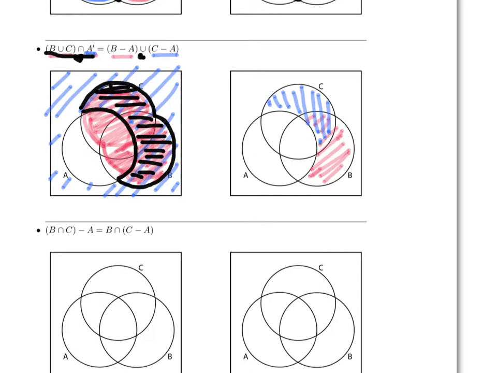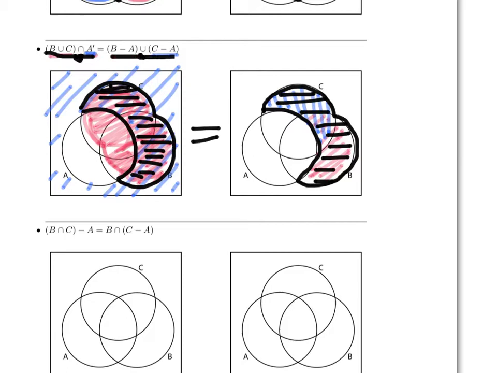So the union symbol tells us we want everything that's shaded either blue or red. And so that will give us all of this stuff for our final shading. And we can see that in this case, these two things are the same. We have the same shading for the Venn diagram for B union C intersect A complement as we do for B minus A union C minus A.